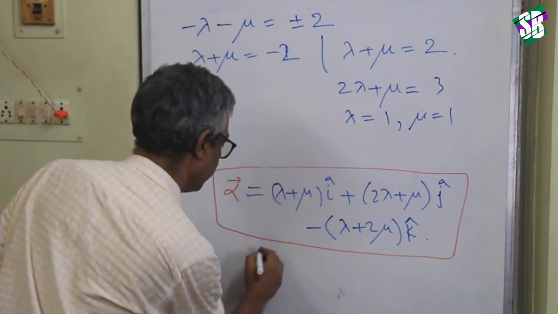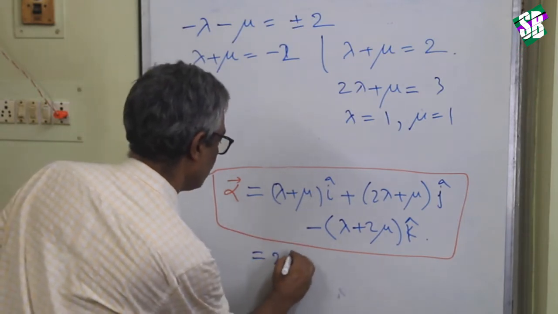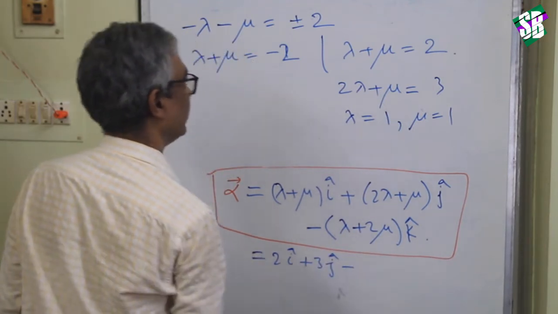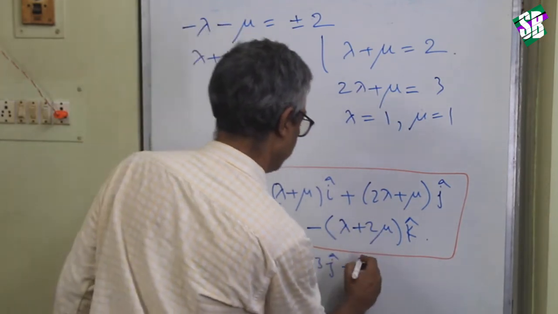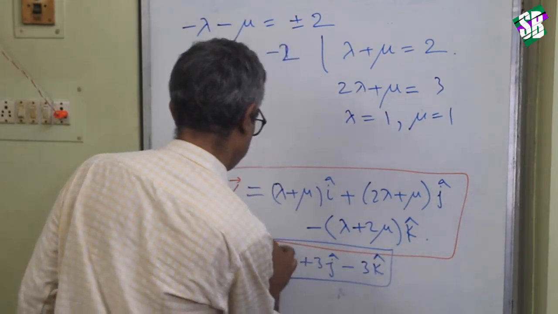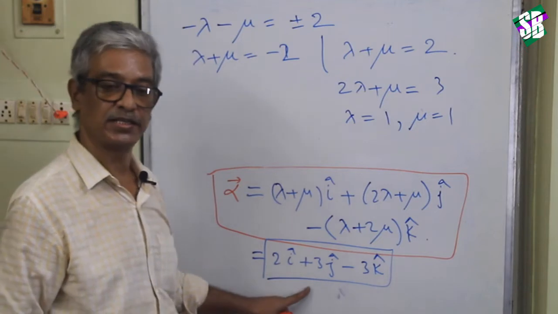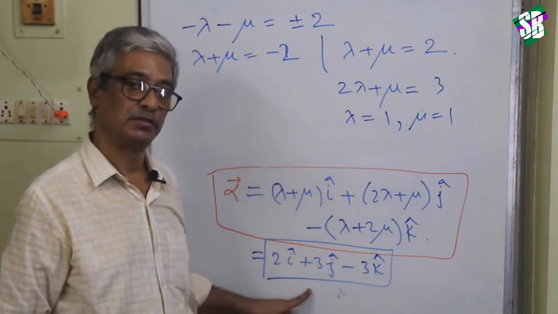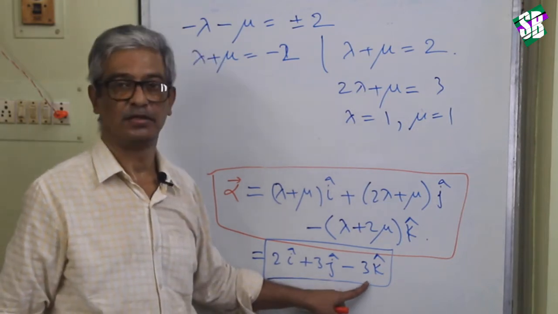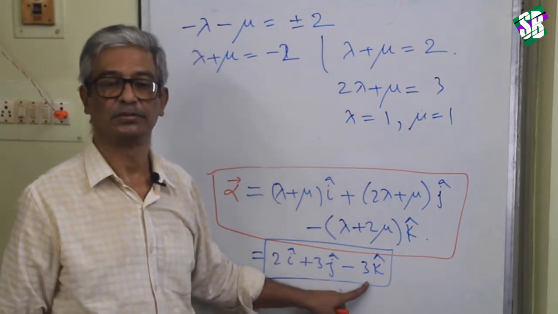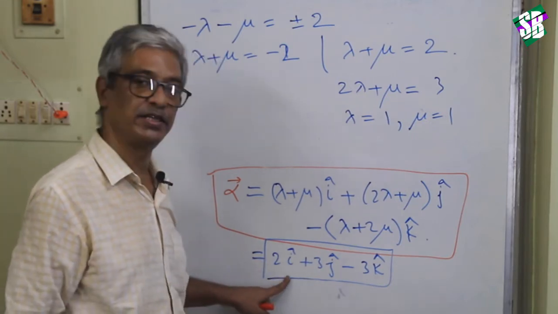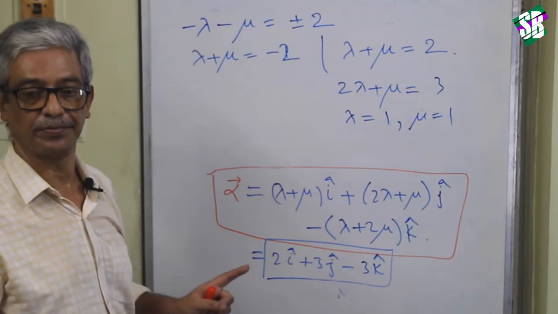Then this becomes 2i cap plus 3j cap minus 3k cap. Any option which has this as the answer is one of the correct options. Since option A gives exactly this result, option A is correct.